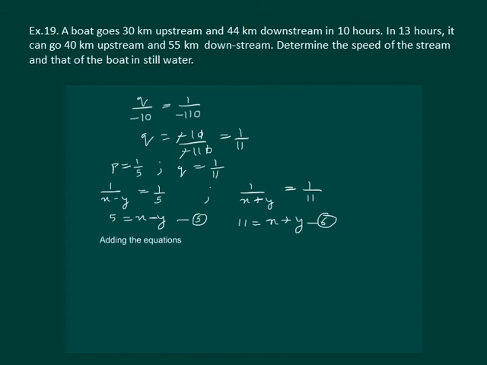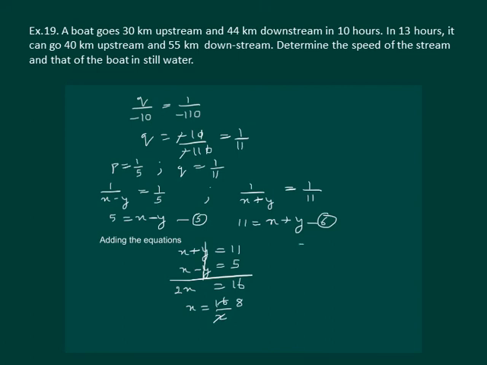Here we can see that if we simply add the two equations, that is x plus y equal to 11 and x minus y equal to 5, y gets eliminated. So we have 2x equal to 16 and we get the value of x. Now back substitute in equation 5.